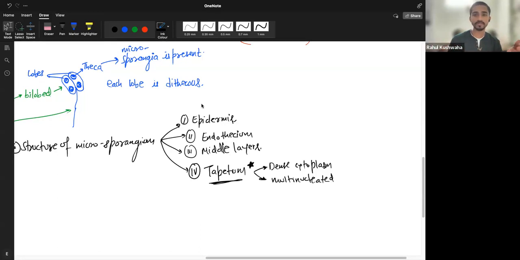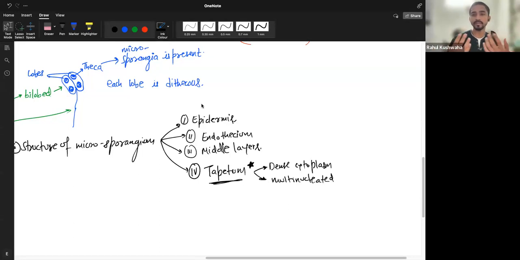You can do more transcription, more translation. You can produce more proteins and other substances within the cytoplasm. And that's why the cytoplasm becomes denser, because there are multiple nuclei. All of these nuclei are active. They are transcribing, and those mRNAs are coming out into the cytoplasm. Those are getting translated by ribosomes, and a lot of protein is in the cytoplasm.